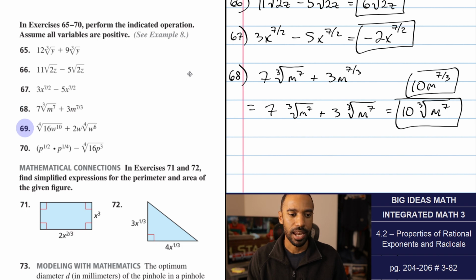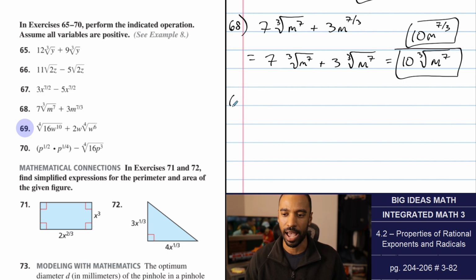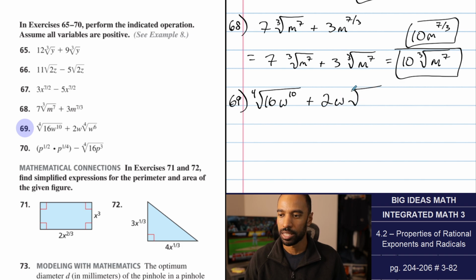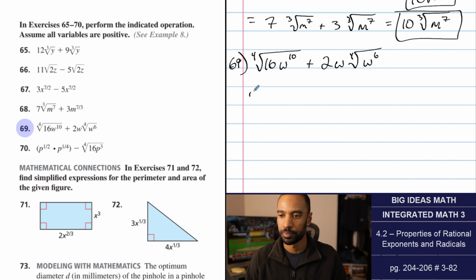Number 69, we do have more to simplify before we move forward here. And I'd like to simplify as much as possible. Whenever there's an option to simplify, simplify to the fullest extent of the law. And then, of course, combine like terms where you can. So here, the fourth root of 16 is 2.